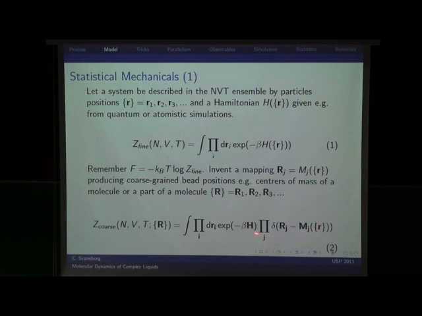So basically, we only sum the exponents when the microscopic configuration is in agreement with the coarse-grained representation that we specify. So this becomes the coarse-grained partition function, again a function of all the coarse-grained positions.